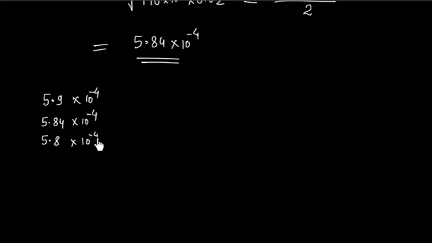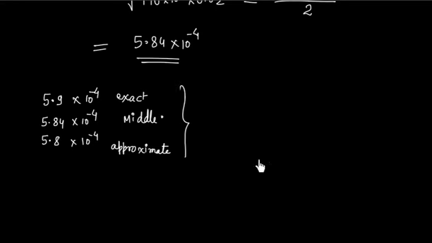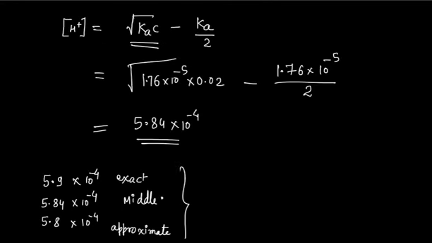This is exact, this is approximate, and this is less exact, I can say, in the middle between exact and approximate. So this is a middle solution. Are you getting? So this is all about the solving.